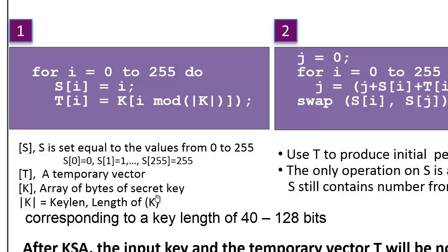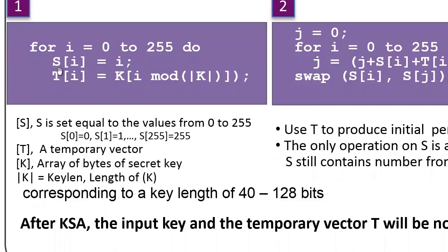So the initial key which is used for encryption is shared between the users A and B. Then S is set equal to the values from 0 to 255, that means S[0] = 0, S[1] = 1, like that S[255] = 255, and there is a temporary vector.